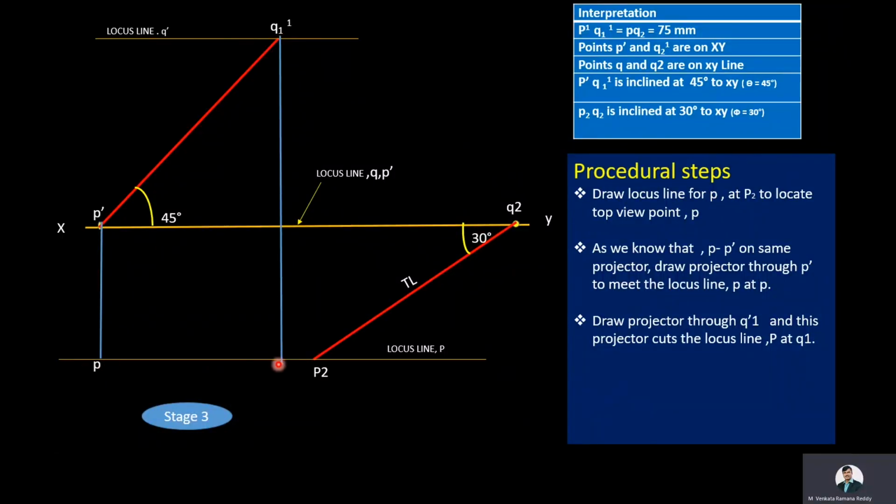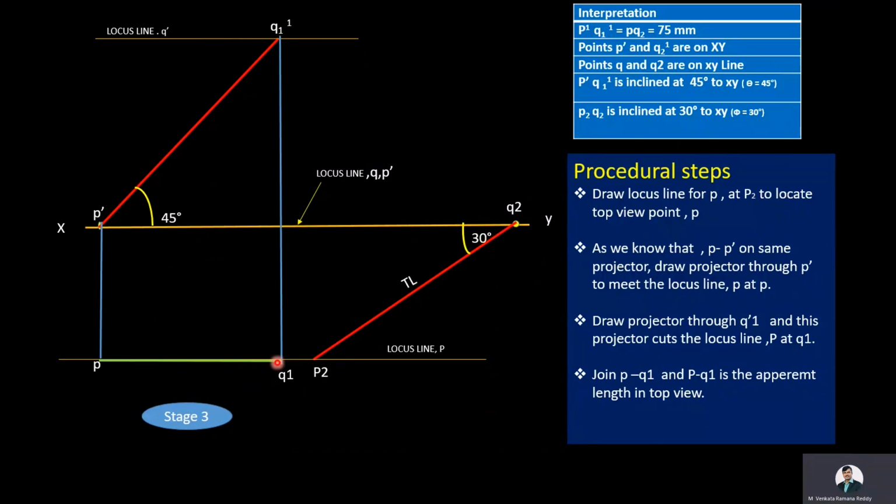That line cuts the projector at Q1. Here, PQ1 is the top view length. Then, this is the true length of the line and this is the top view length of the line. That is, P dash Q1 dash is the true length of the line and PQ1 is the apparent length of the line in the top view.